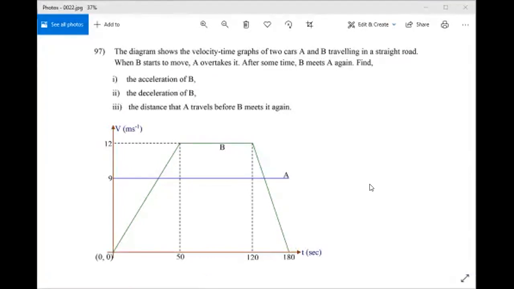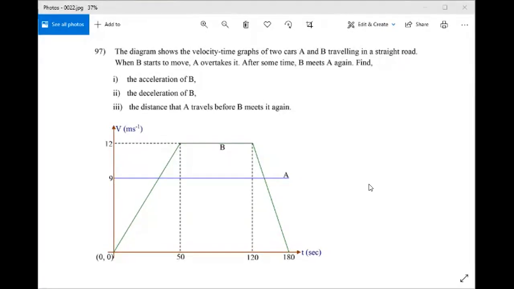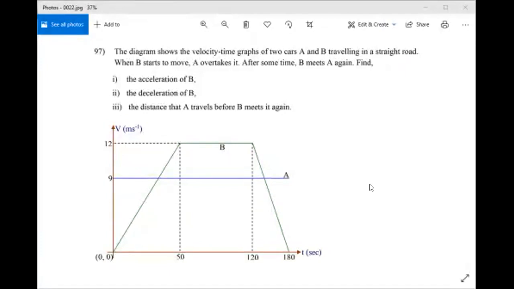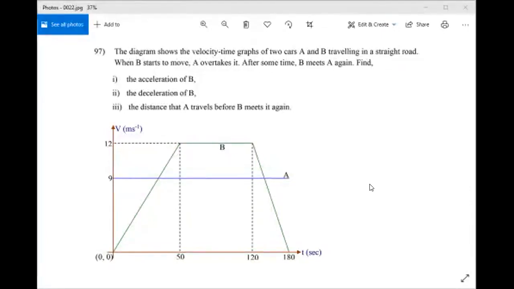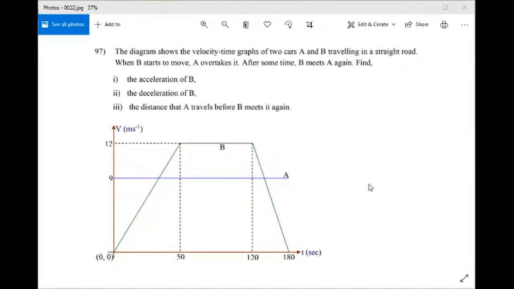Thank you very much. The diagram shows the velocity time graph of two cars, A and B, traveling in a straight road. How many cars are there? There are two cars. When B starts to move, capital A overtakes it. After some time, B meets A again. Find the acceleration of B, deceleration of B, and the distance that A travels before B meets it again.